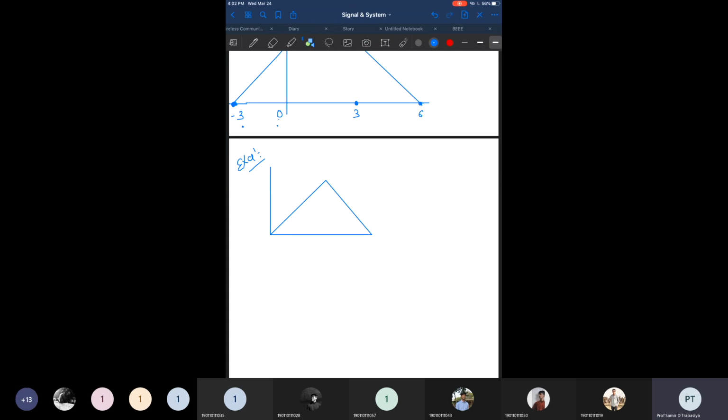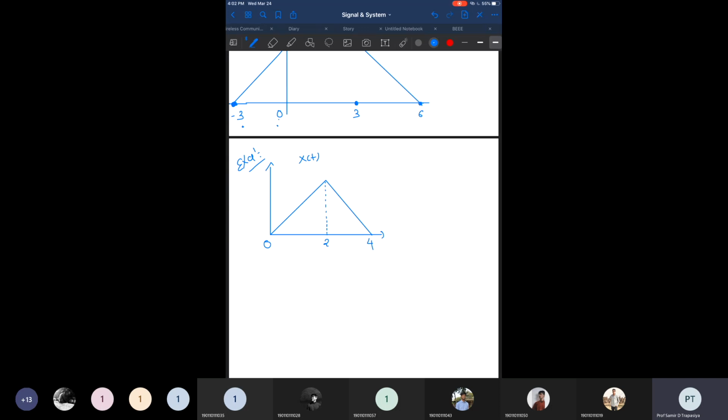This signal is considered as the x of t signal. This is the 0 point, this point is 2, and this is the point 4.